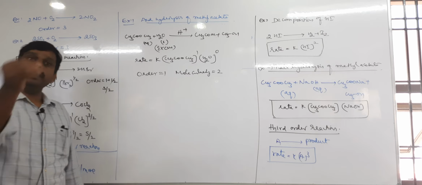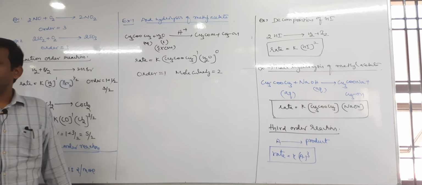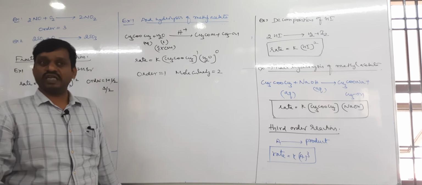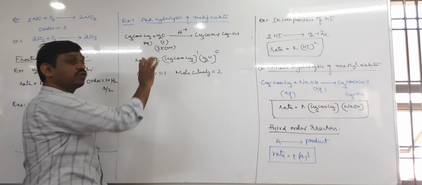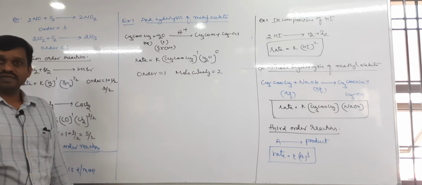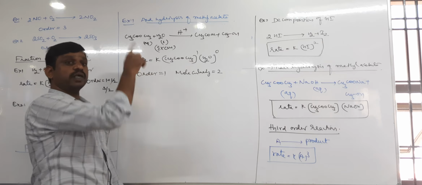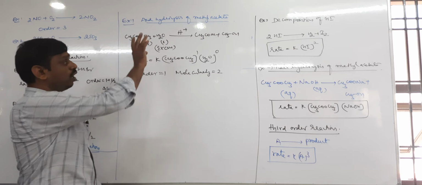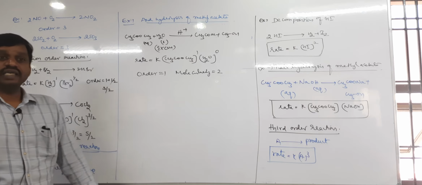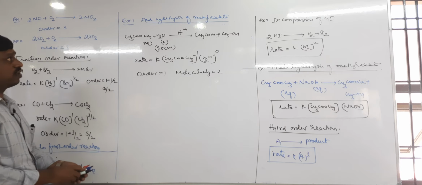Involvement is different, changing concentration is different. Involvement itself is not changing concentration. So these two are involved in the reaction, but water does not change its concentration. With respect to water, molecularity will be there, but order is 0. That's why molecularity is 2, order is 1. Therefore, acid hydrolysis of methyl acetate is a pseudo first order reaction.